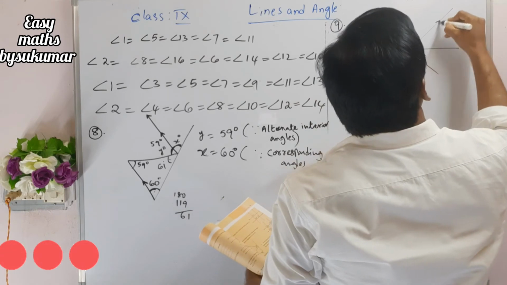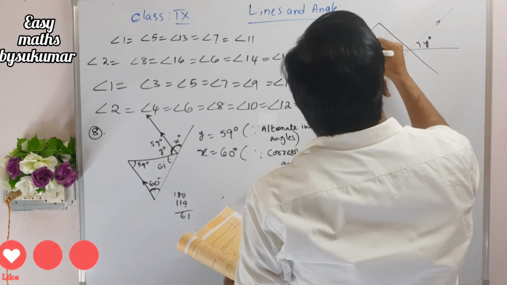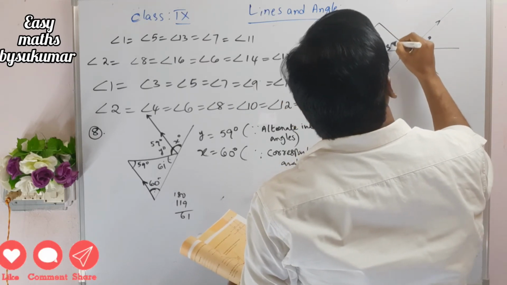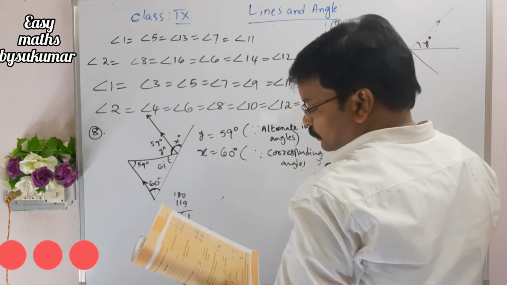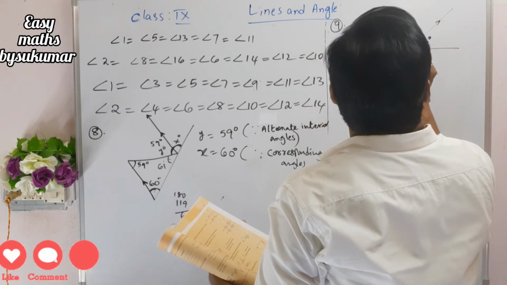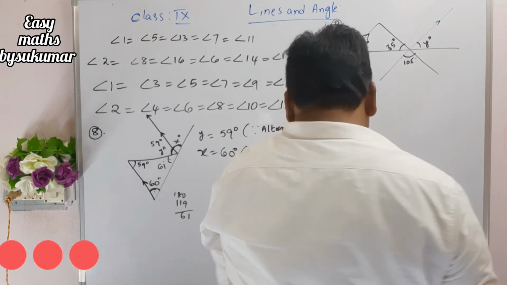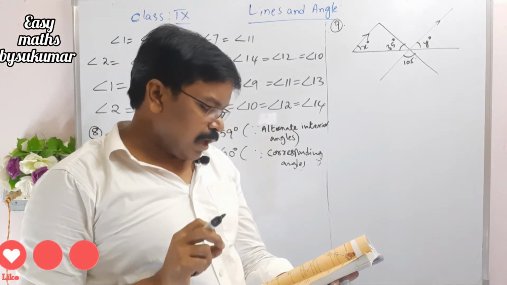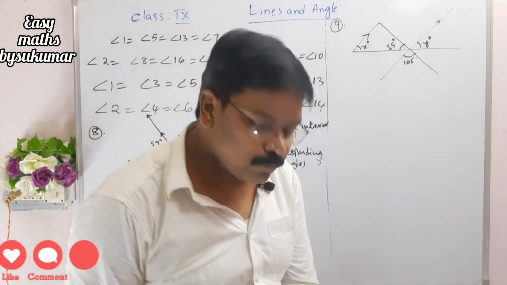Arrowheads are there, no? This is y degrees. This is x degrees. This is 35 degrees, y, and it is 105 degrees. Right. Here in the figure, the arrowhead segments are parallel, then find the value of x and y.